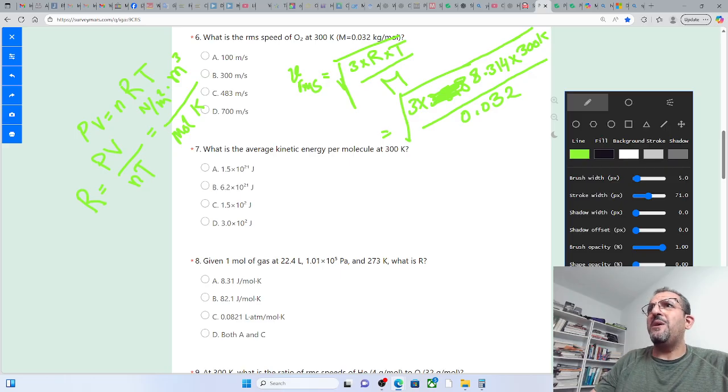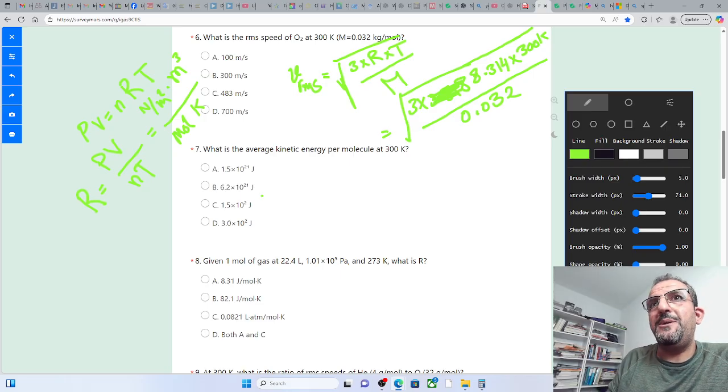But since we are following this equation, I think it's a very good idea to write the square root right here, including these units.